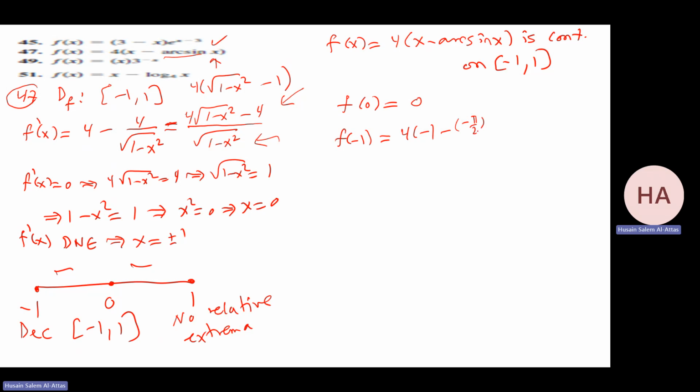So that gives me 4 times -1 plus pi/2. Now I check f of 1. It will be 4 times 1 minus arcsine of 1, which is pi/2.